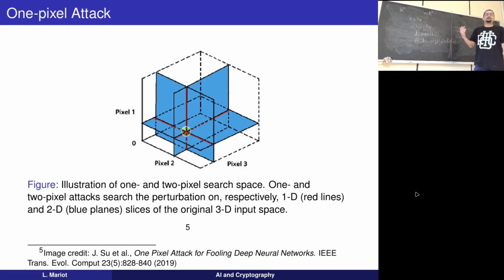In general, like in the one pixel attack with CIFAR-10 images, we have 32 by 32 images, then we are considering again a cube with 1024 dimensions, so a hypercube with that particular number of dimensions.